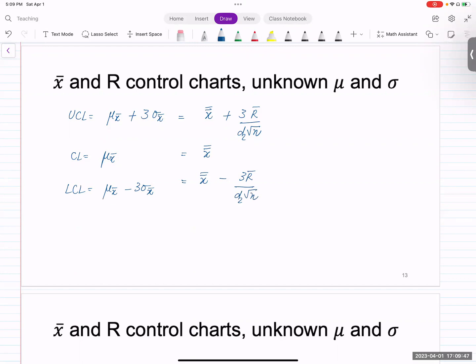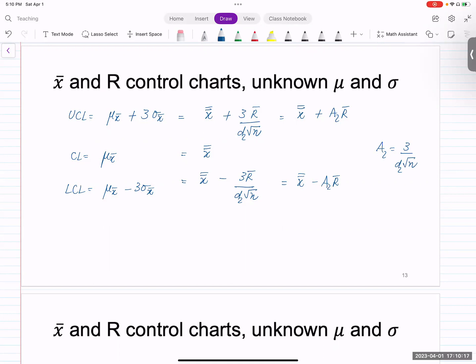And again, we can do some simplification here. We can write the UCL as x double bar plus A2 times R bar. Center line is already simplified. LCL is x double bar minus A2 times R bar, where A2 is equal to 3 divided by d2 square root of n. So you see, now if you know n, you can automatically compute A2, right?